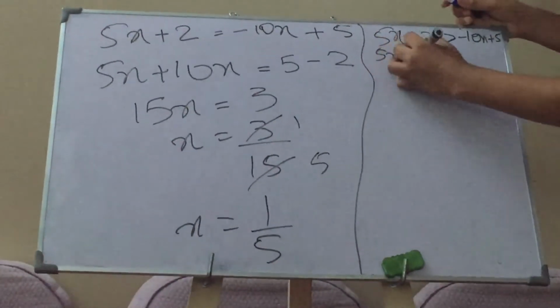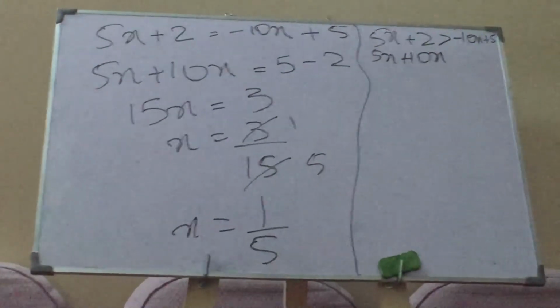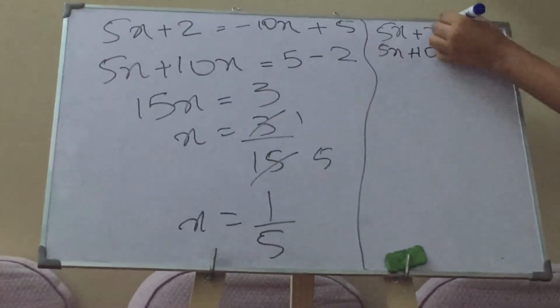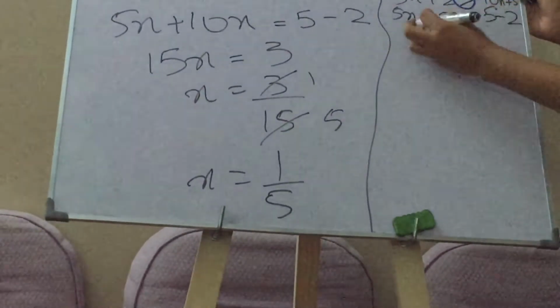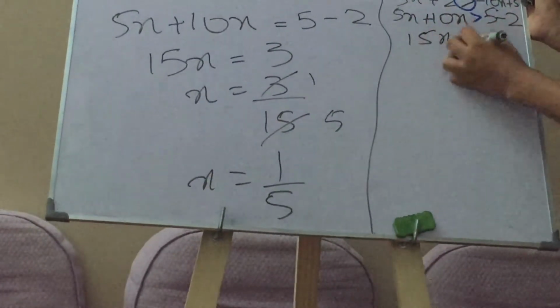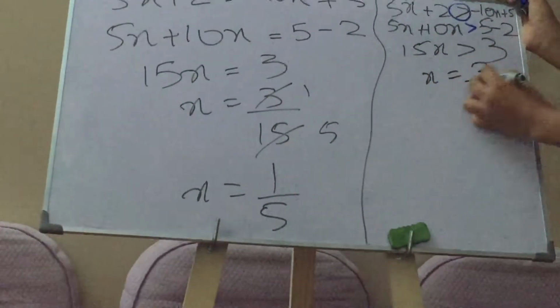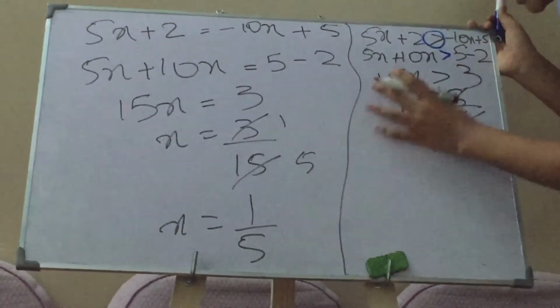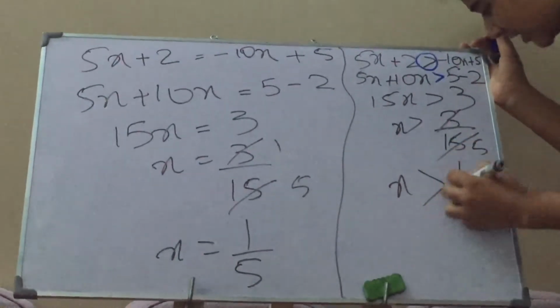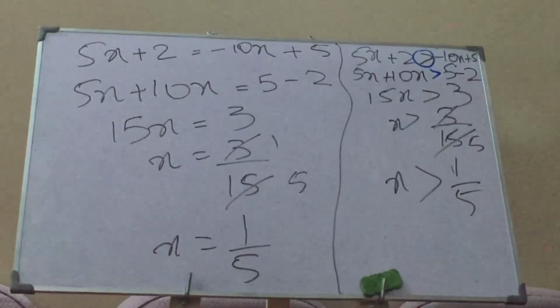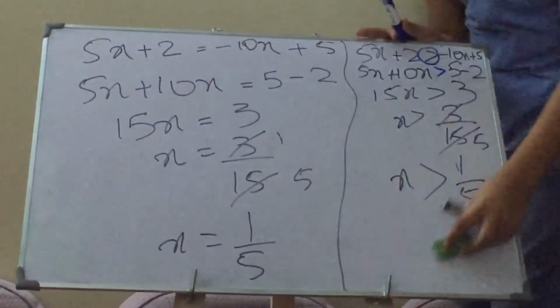That 5x plus 10x, with the sign like this, and 5 minus 2, 15x, 3, x is equal to 3 upon 15, 3 1s are 3, 3 5s are 15, so x is greater than 1 upon 5. That's its answer. Let's take one more example.